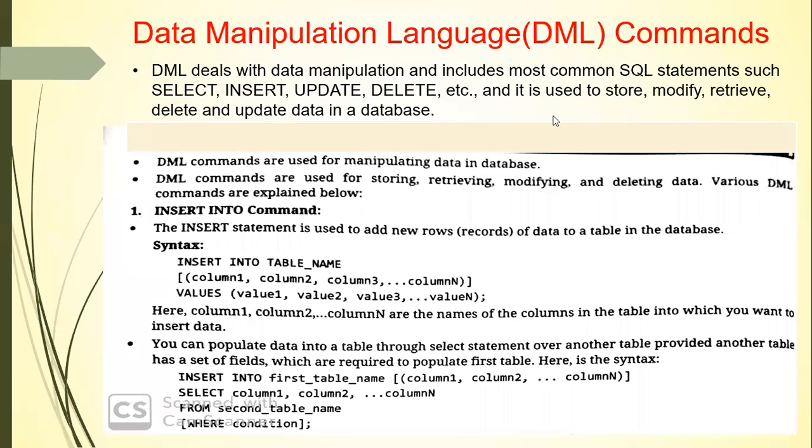Now, in the previous lecture, we discussed the different types of data definition language commands. In those commands, we discussed how to create the database, how to create the tables, and how we can alter the tables or change the columns of the given table. That is, we add a new column in the table.